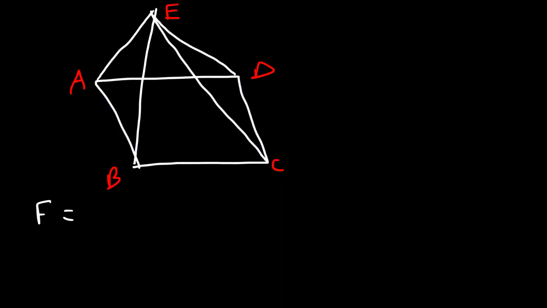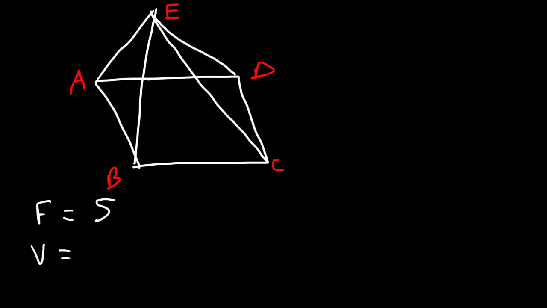That's the base of the pyramid. Another face is AEB. That's 2. And then EBC is another one. So that's 3. And then ECD. That's 4. And then the one in the back, EAD. That's 5. So there are 5 faces in this figure.